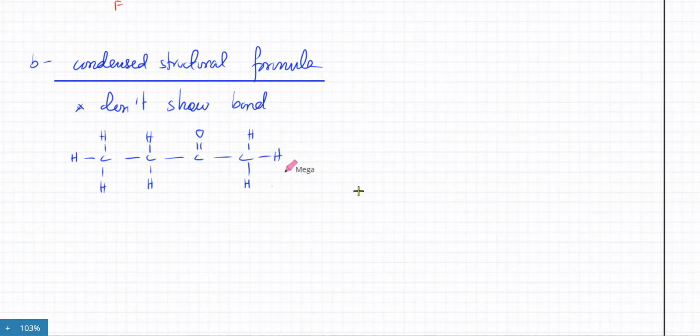So the condensed version is going to be that, look at the first carbon, there are three hydrogens next to it, so it's CH3. Look at the second carbon, it's a carbon with two hydrogens, so that's your CH2. And then you have the third carbon which has an oxygen next to it, so that's a C with an oxygen. And then you have the last carbon which is CH3.